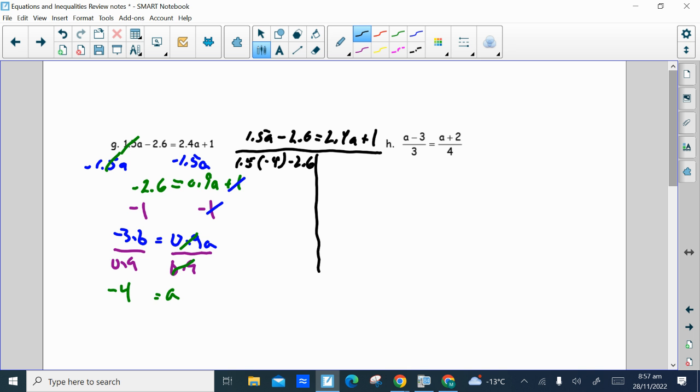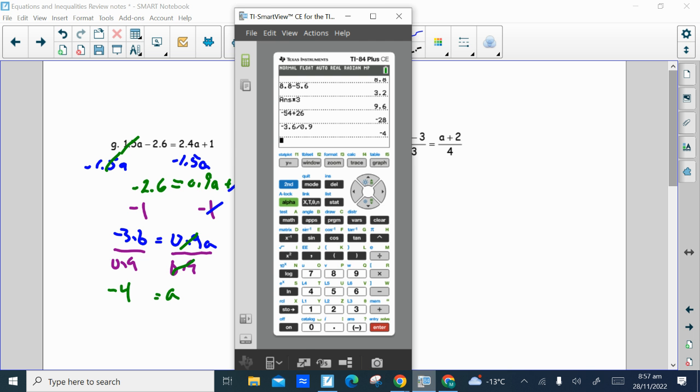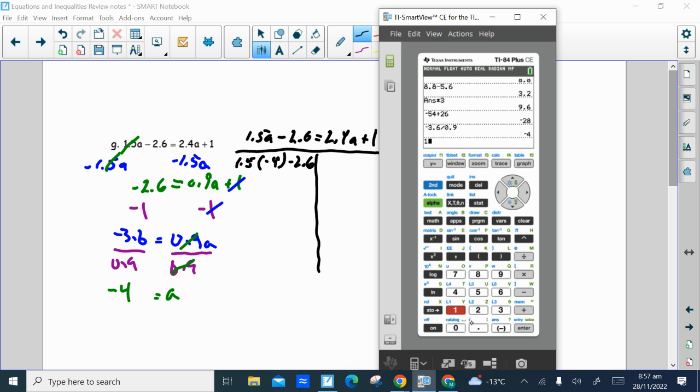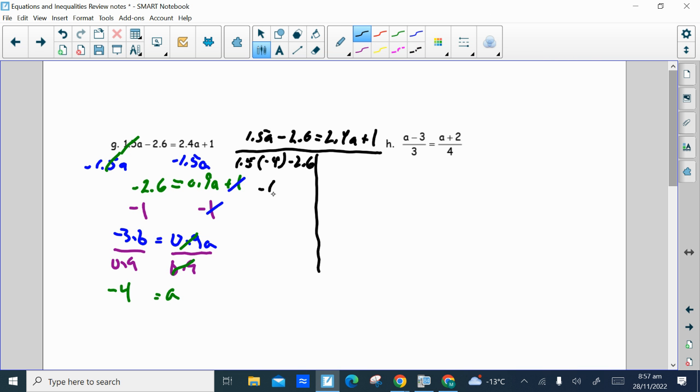So 1.5 times negative 4 should be negative 6. Yep. And negative 6 take away 2.6 is negative 8.6.